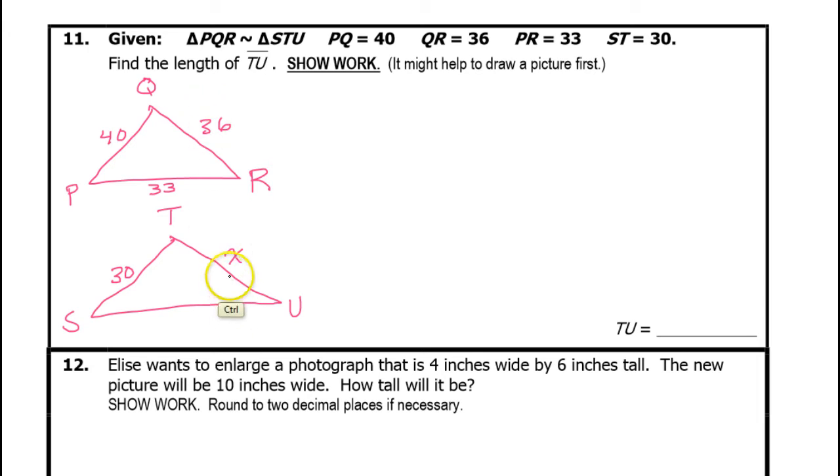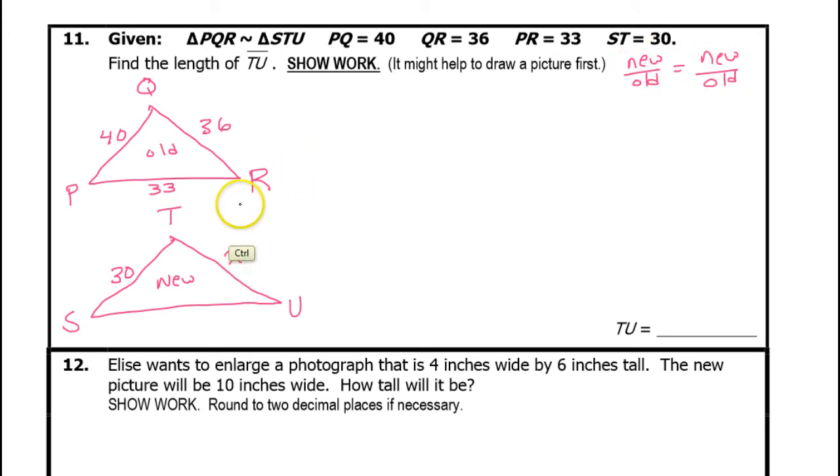So if I'm going to do corresponding sides, I'm going to call this one old and I'm going to call this one new. So when I set up my equations, I always do new over old is equal to new over old. Corresponding sides are proportional when the triangles are similar, and that's what proportional means.